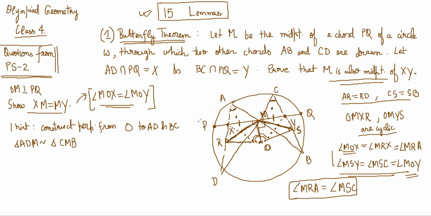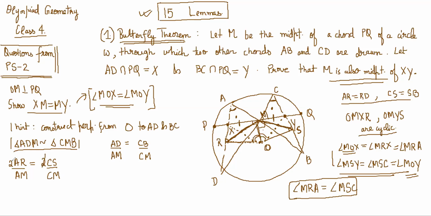So ADM is definitely similar to CMB, and because of that, we get AD by AM equal to CB by CM, correct? Yes. And AD is equal to 2AR. So 2AR by AM is equal to CB by CM, and CB is equal to 2CS.